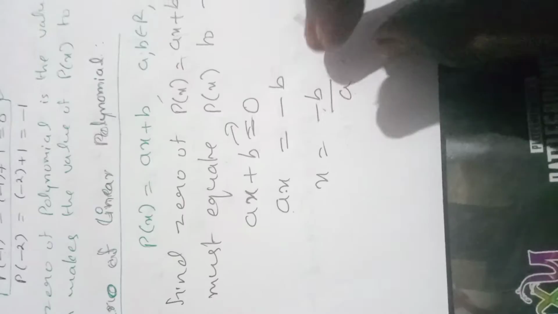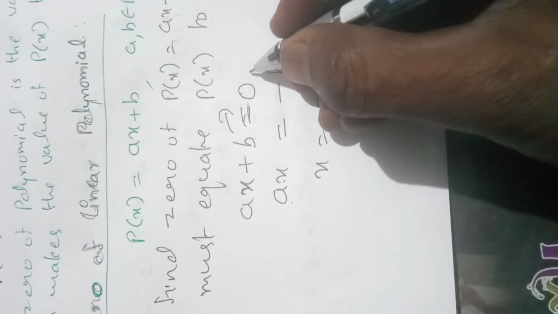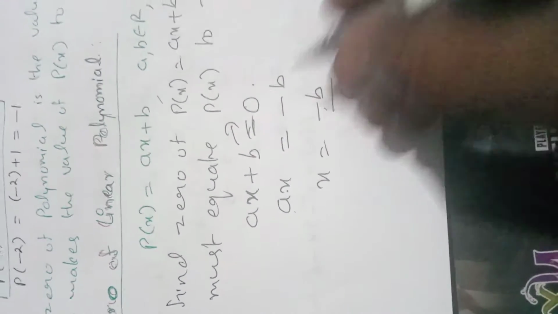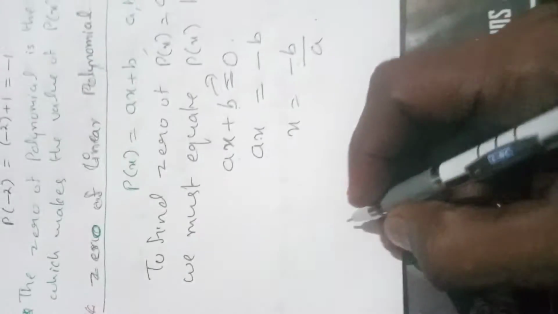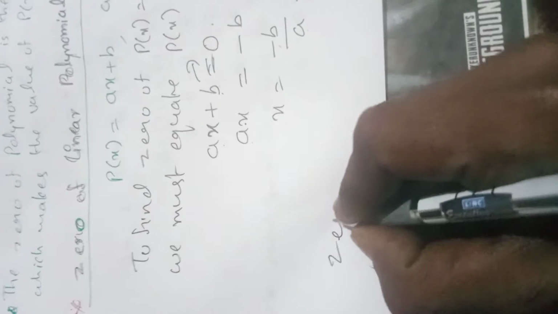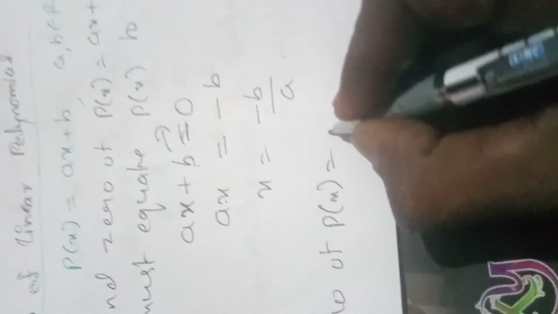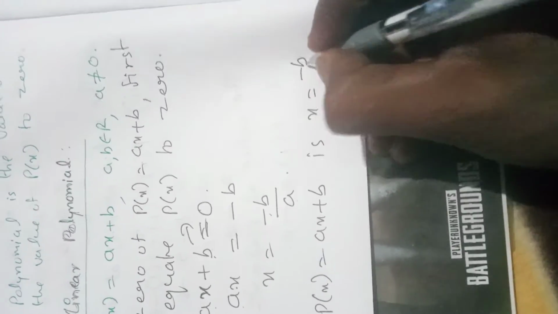Whenever the value of x is minus b by a, only then the value of ax plus b becomes 0. So then we can say x equal minus b by a is a 0 of the polynomial ax plus b. Zero of p of x equal to ax plus b is x equal to minus b by a.